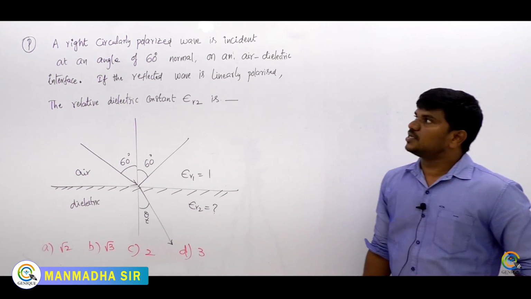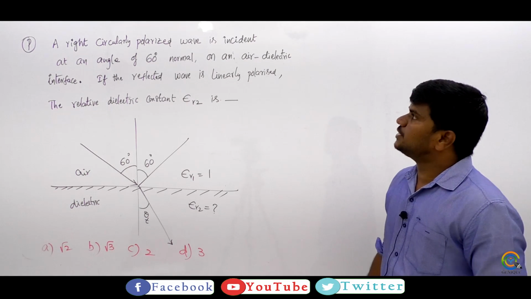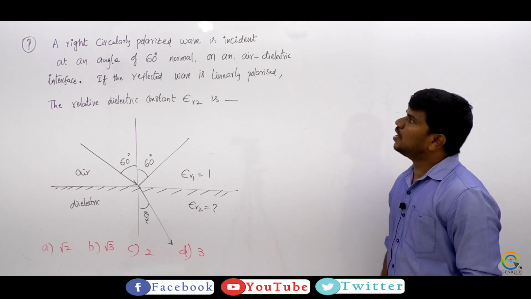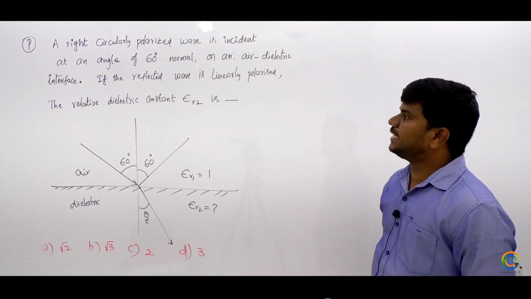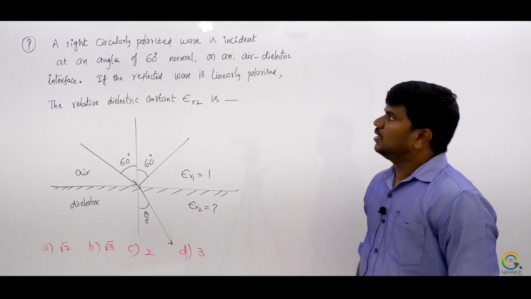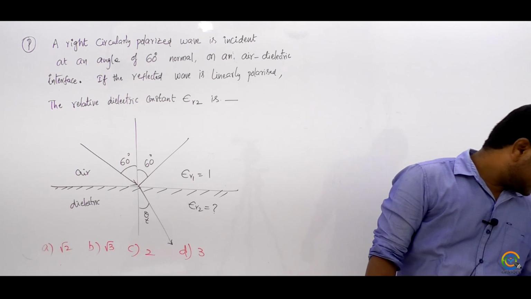So in this question he has asked, if you observe this question, a right circularly polarized wave is incident at an angle of 60 degrees normal on an air dielectric interface. The question is given as 60 degrees to the normal.